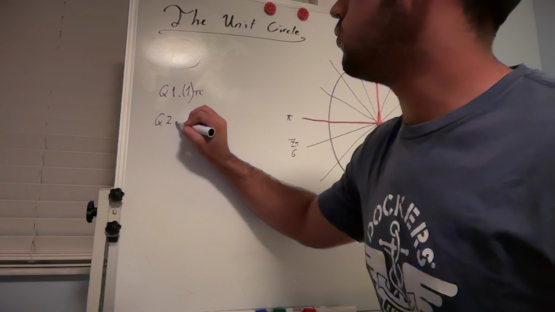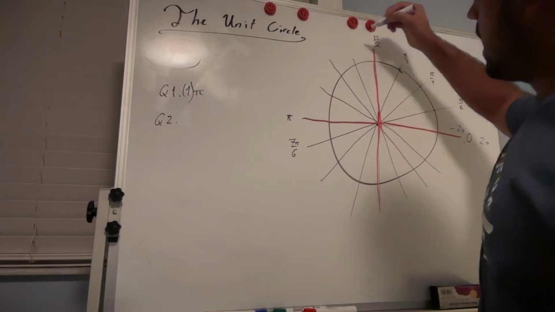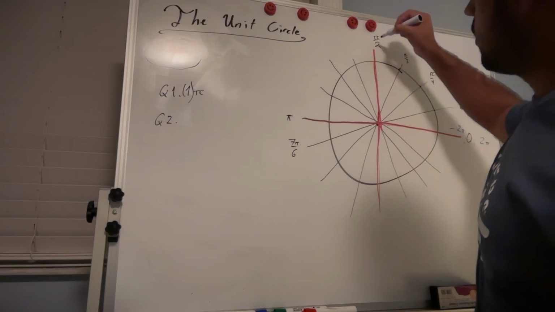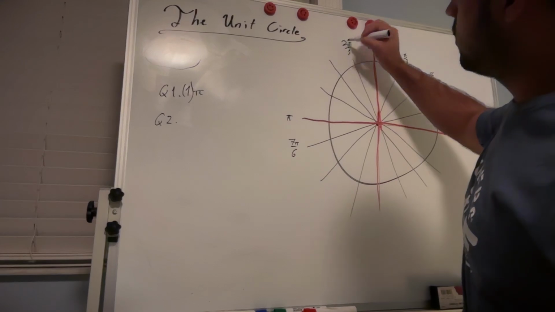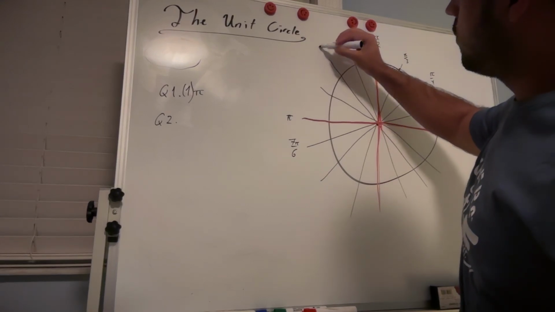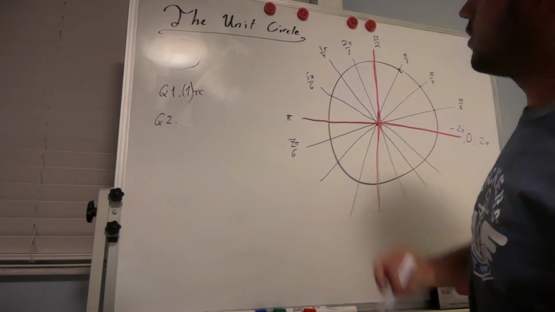For quadrant 2, the angle measures on the unit circle are 2 pi over 3, 3 pi over 4, and 5 pi over 6.